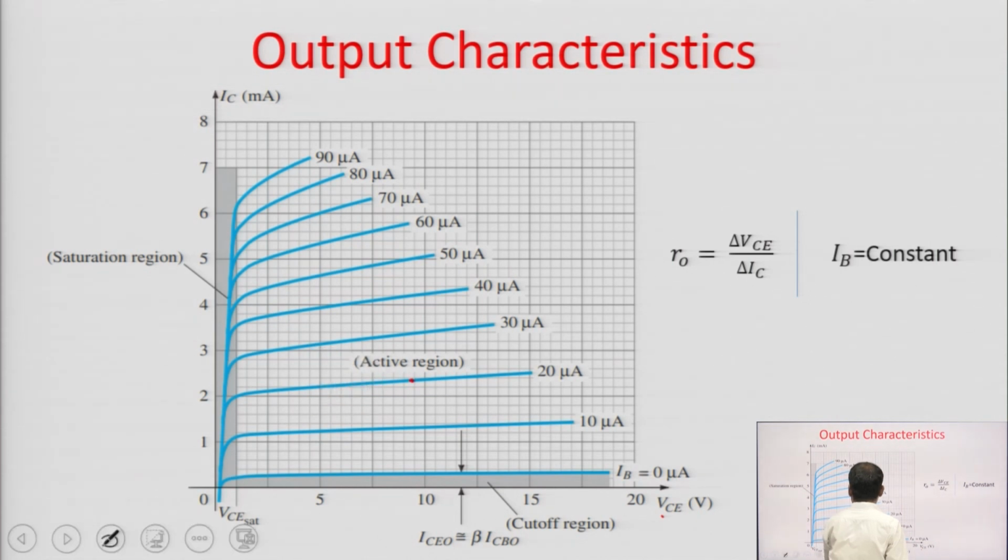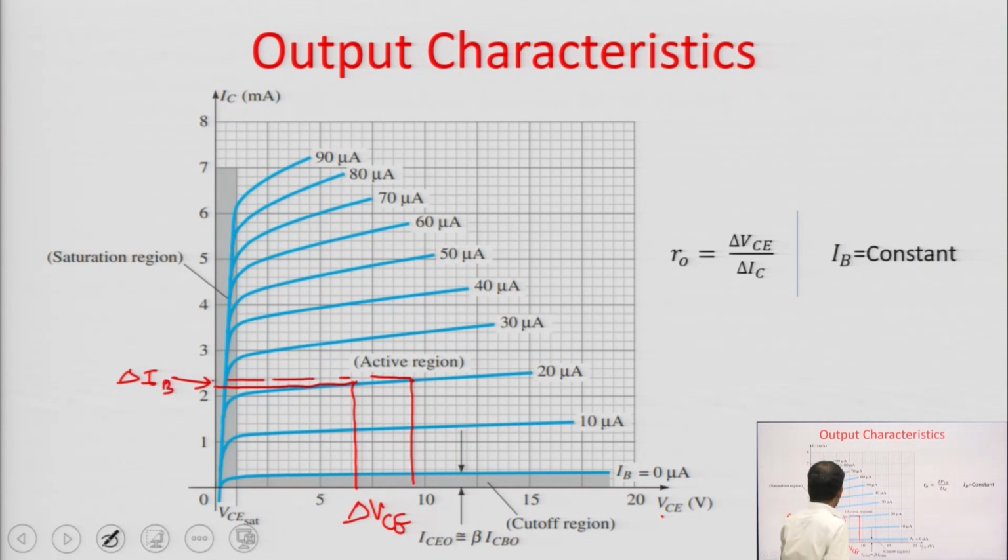If we draw the perpendicular here, this is called delta VCE, and if we draw the perpendicular here, this is delta IC, change in output current.